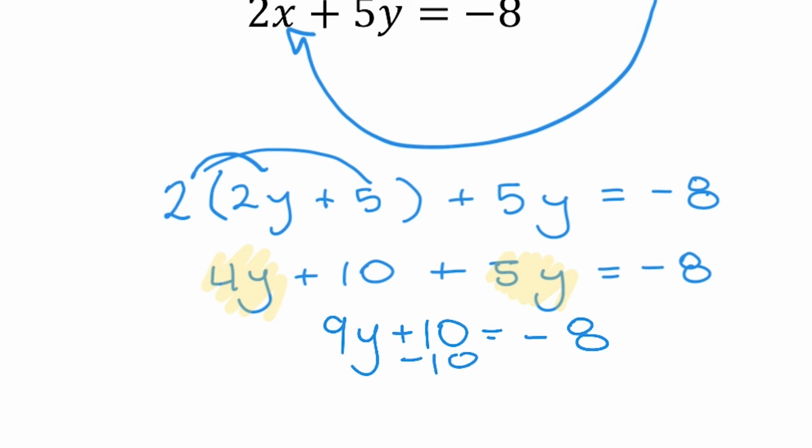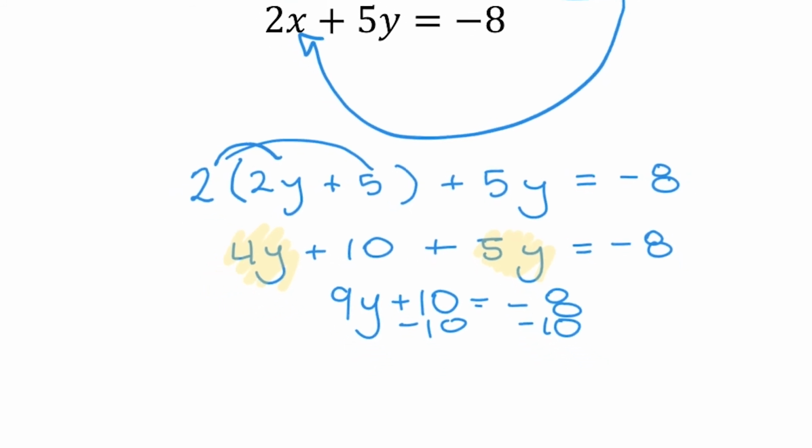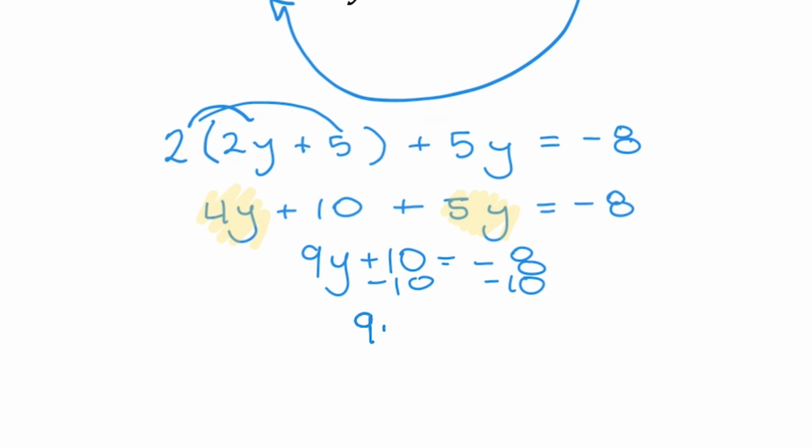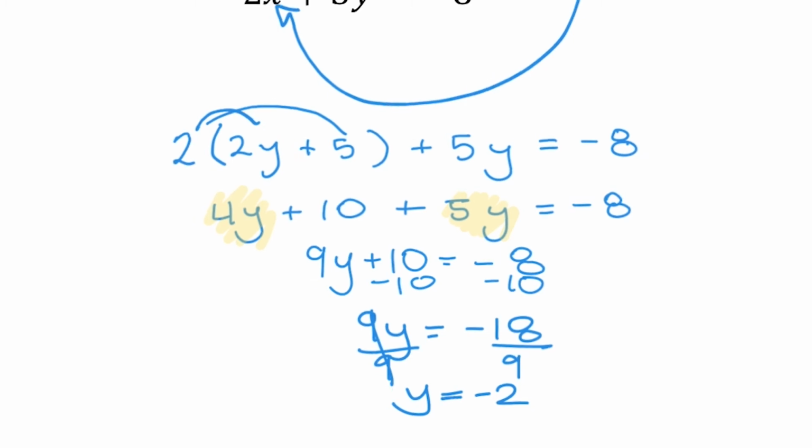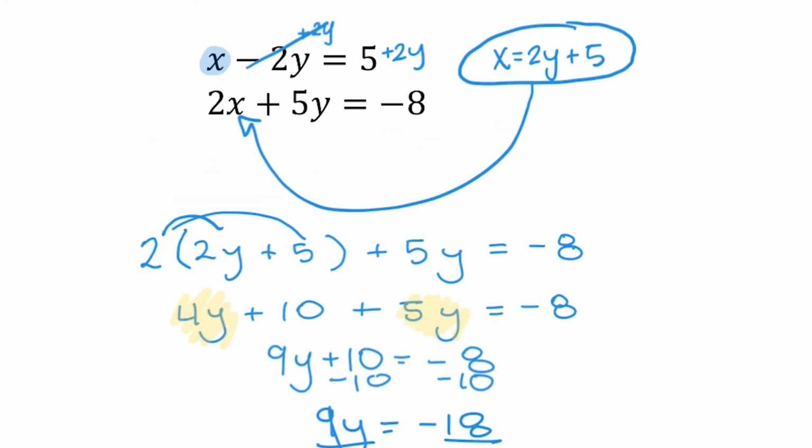Getting the y term by itself, we'll subtract 10 to the other side. So 9y equals negative 18. And finally, dividing by 9, we get that y is negative 2. And just like with the first system, I have this equation up here that's already solved for x, which is pretty handy once we have y.